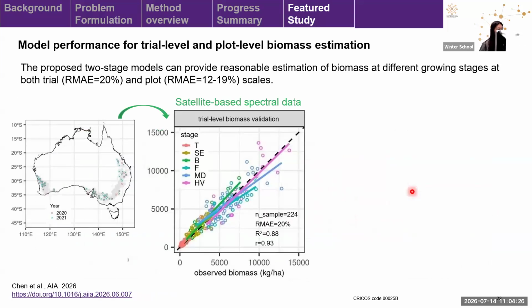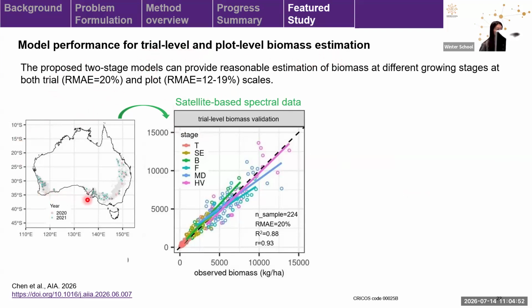And now, after validating our model on an independent simulation dataset, we want to see how well the model can really work in real world scenarios. So we validate our model using some real field experiment data. The first thing is we validate our model for the trial level biomass estimation.